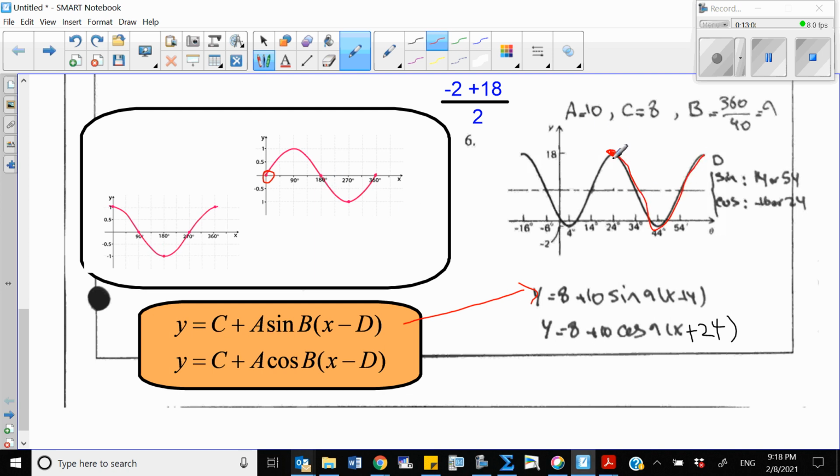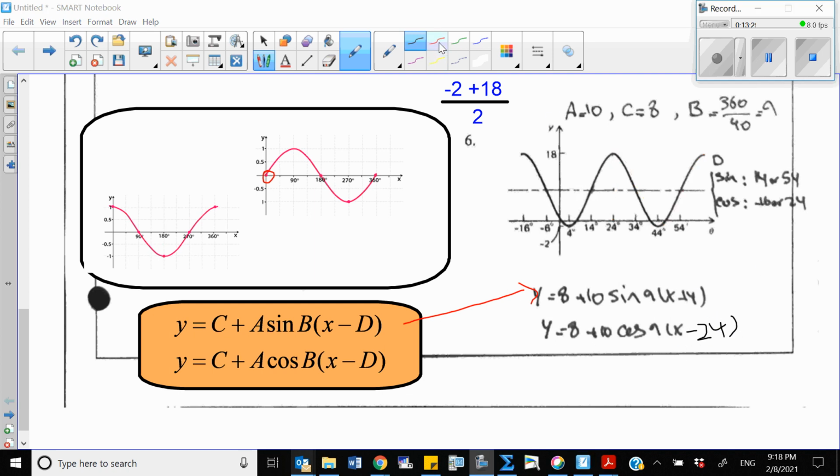So starts from a high point, and that's 24 degrees. So I can write 8 plus 10 cosine of 9x minus 24. So this should be minus, not plus. I'm sorry, this is a mistake. Minus. Okay, so this is how it should look.